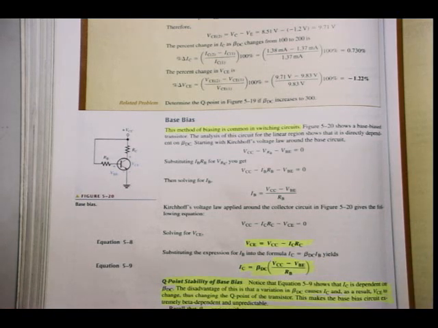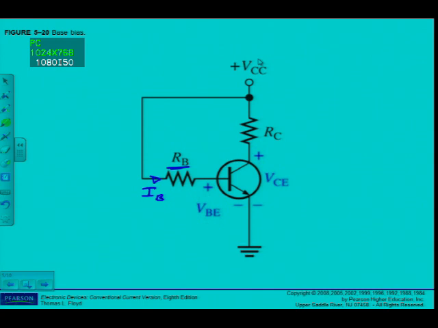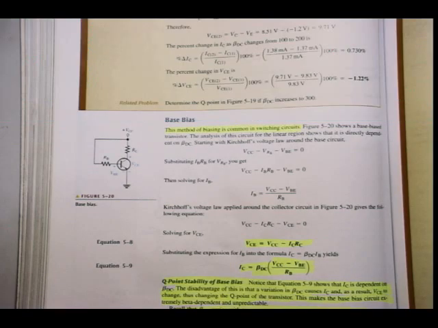Alright, but if we go and look at the equations for this circuit, still Kirchhoff's law: VCC minus VRB minus VBE is equal to 0. Substituting IB RB for VRB, and then solving for IB, I can get a formula, as you can see here.